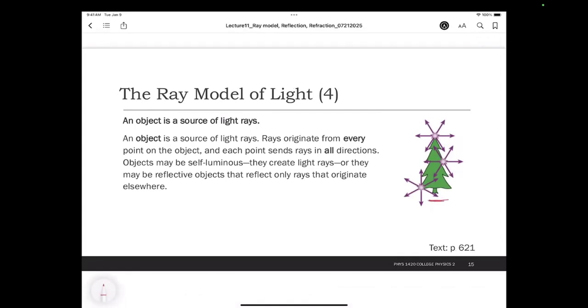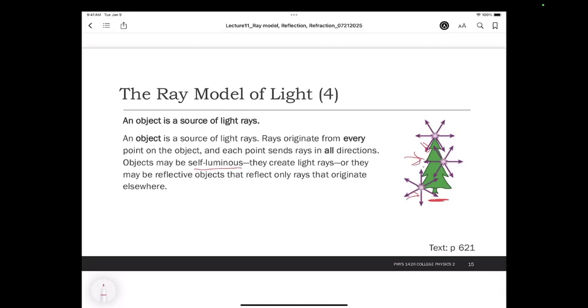The tree is not a self-luminous thing, am I right? But this tree can reflect the sunlight. So we can see the light from this object in different directions. This object is a source of light rays.